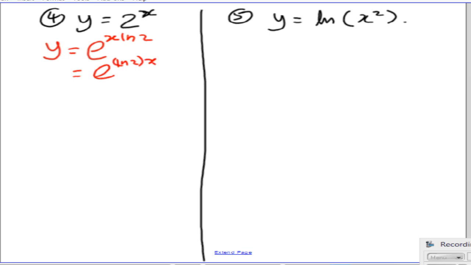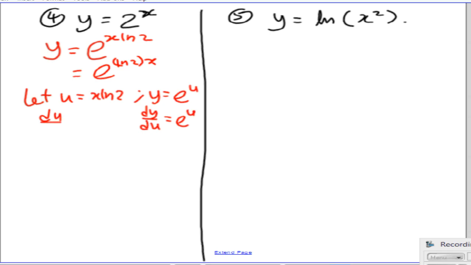That is, in other words, you can let u be x ln 2, and then y is going to be e to the power of u. So dy du is going to be e to the power of u, and then du dx is going to be, in this case, ln 2 only, because the derivative of x ln 2 is just ln 2.